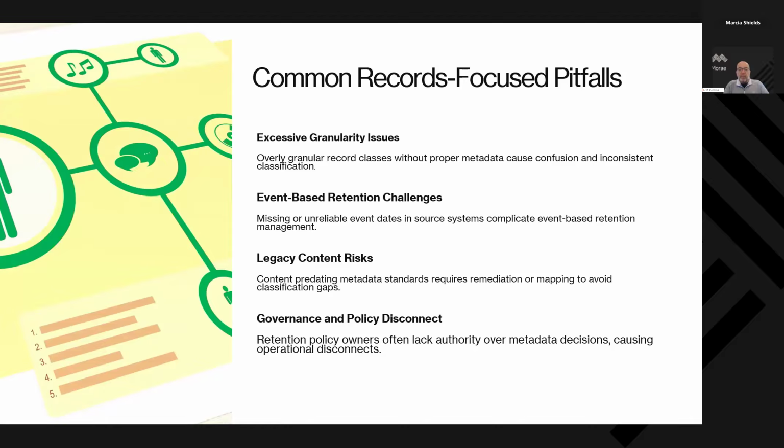And if we don't have the proper metadata to support that, to answer those questions we were talking about a little bit earlier, then we're going to get that inconsistent classification, or we're going to get people confused about how anything is working. And once we get people that are uncertain, we don't have that confidence in the system, everything snowballs from there, right? So we get people questioning, are we managing our records correctly? Are we deleting the right things? And then once we start having those questions being asked, right, the program starts to fall apart.